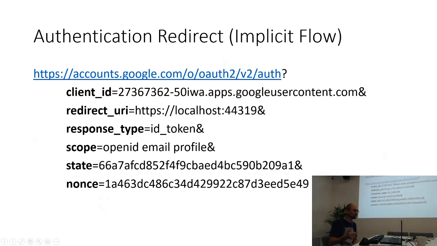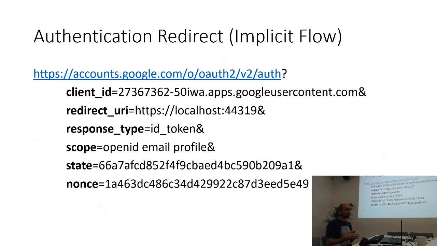I will get to this later, but OpenID Connect has a few flows. Every flow is suitable for a different scenario. I will explain later. And in scope, I will also say what type of information I ask back. Here I'm saying I'm using OpenID, and that just means that I always get the ID of the user, the subject ID, back. But on top of it, I also want the user's email, and I want the user's profile.